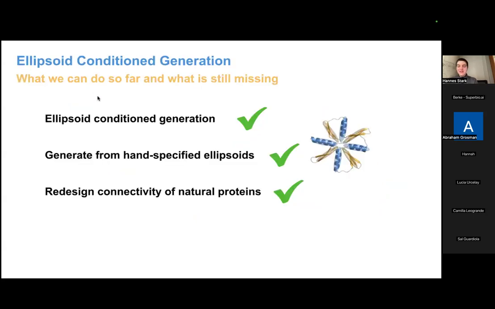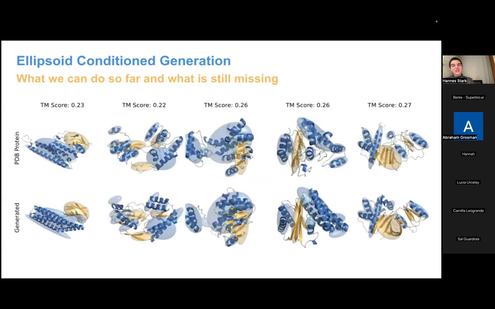Yeah, but then, if we have the setup, what we can already do is specify some ellipsoids by hand, and then you can get a protein that adheres to your 3D layout specification. The other thing is you can take an existing protein and redesign its connectivity by taking the ellipsoids from that protein and then regenerating the protein corresponding to these ellipsoids.